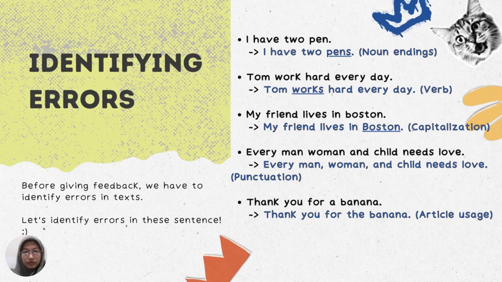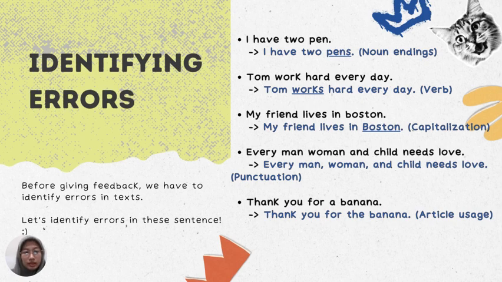Yay, so our answers are correct. For the first sentence, the error is the pens. So the correct form is the pens, and the second is the verb. The third is the capitalization of the B letter, and the fourth is the punctuation.